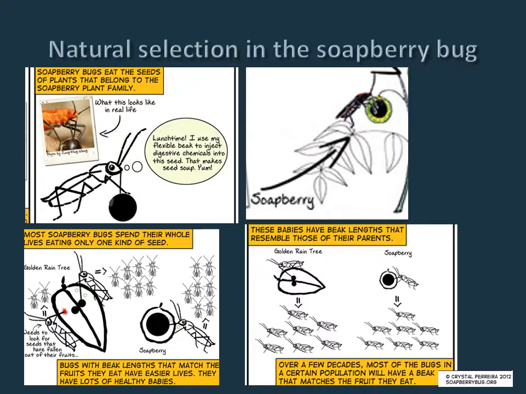So after a few decades, most of the babies in that population are going to have a beak length that matches the distance from the outside of the fruit to the seed. This is one example of directional selection, where bugs in one direction, in this case with long beaks, are selected for in a population.